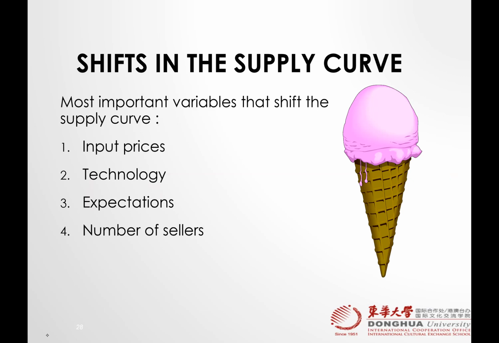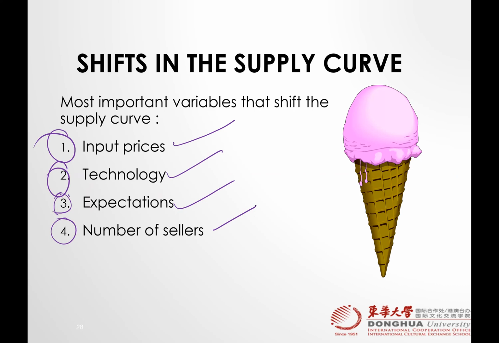Okay, now when there is a shift in supply and the reason is not price, then what are those other possible reasons? The reasons are these variables: input prices, technology, expectations, number of sellers.